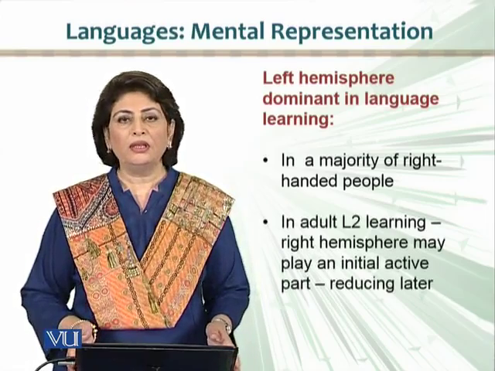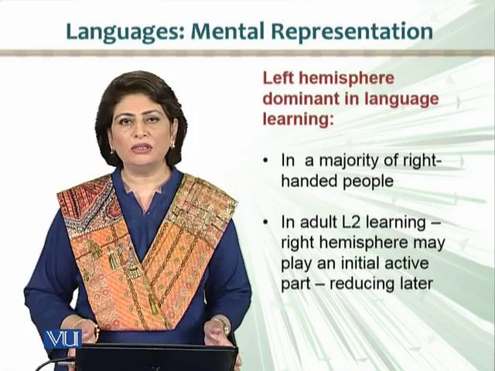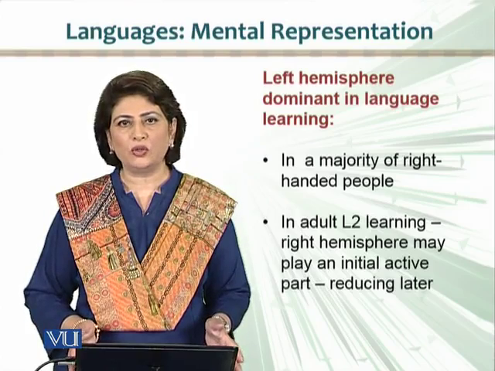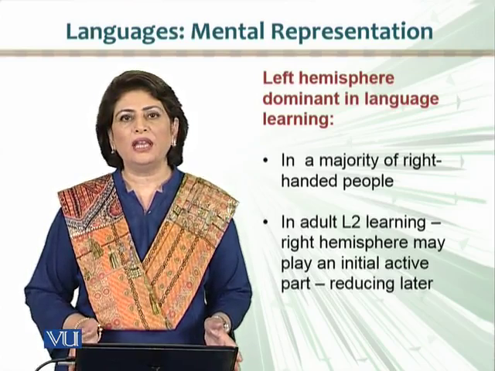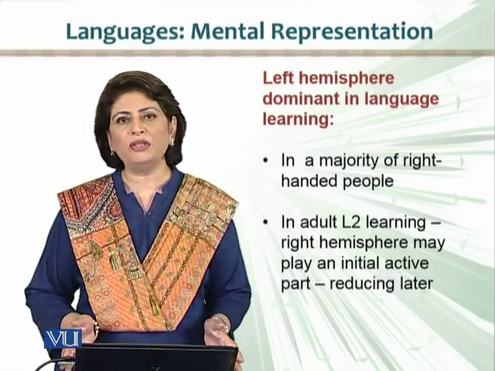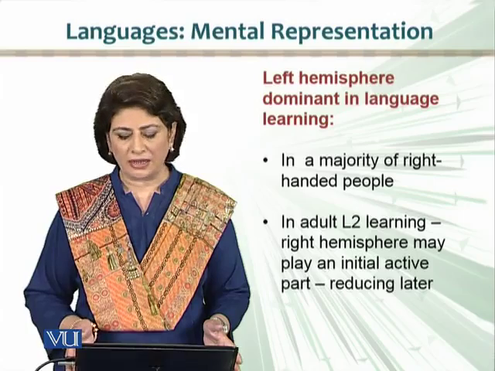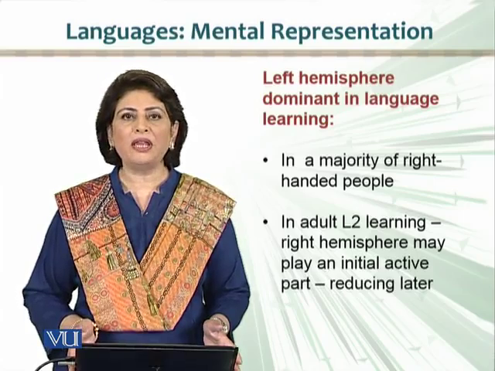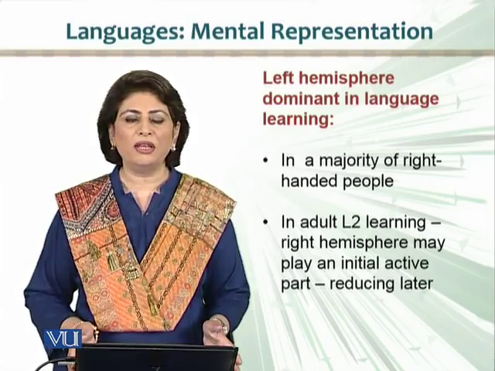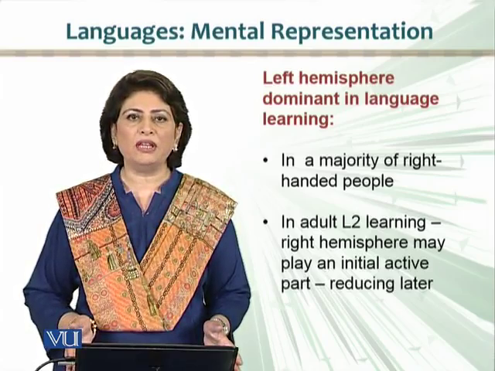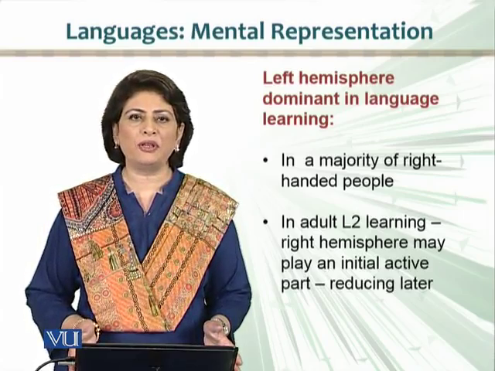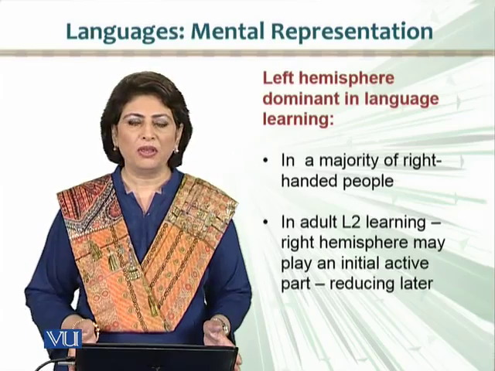However, it has been viewed that in adult L2 learning, that is, if a person beyond the age of 18 opts to learn a second language, then the right hemisphere of the brain may be more actively engaged than the left hemisphere of the brain.